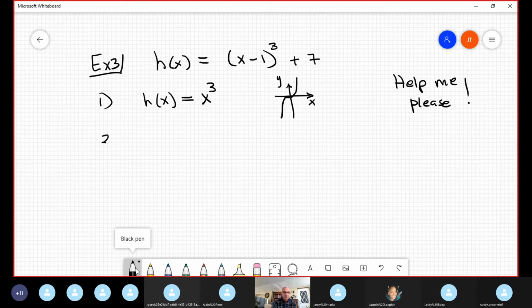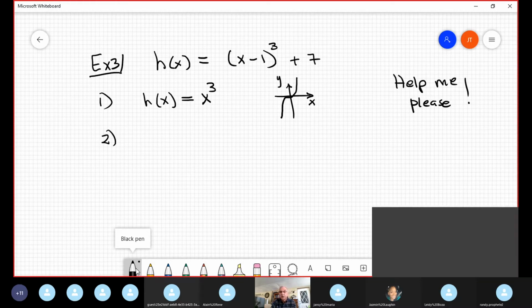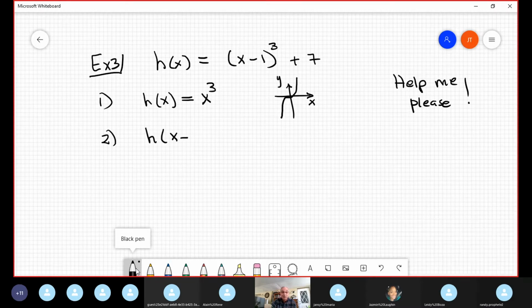Now the second and third steps: identify what kind of transformation we have. To the right, very well. So X minus 1 is a horizontal shift 1 unit to the right because it's negative.